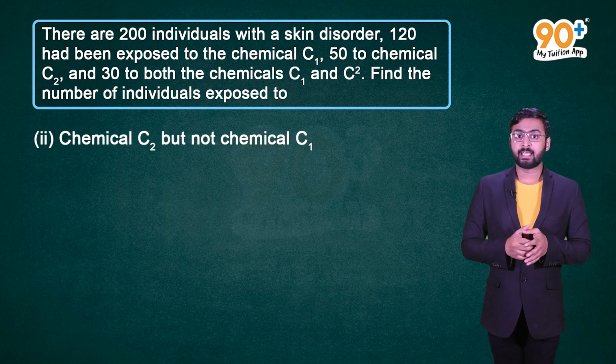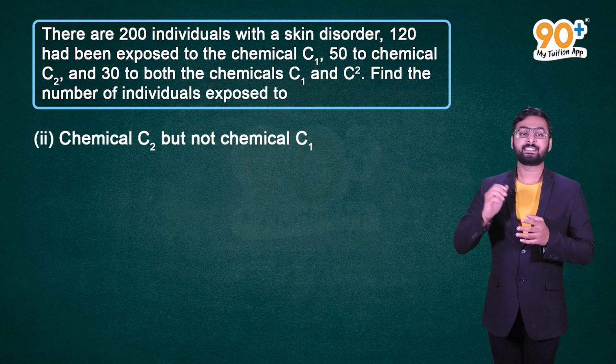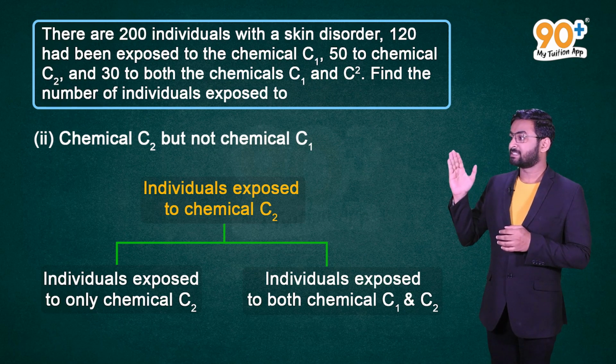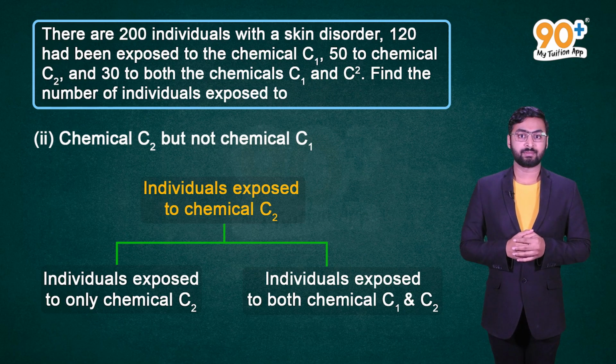Next one is individuals exposed to chemical C2 but not C1. Individuals exposed to chemical C2 contains individuals exposed to only chemical C2 and individuals exposed to both chemical C1 and C2.